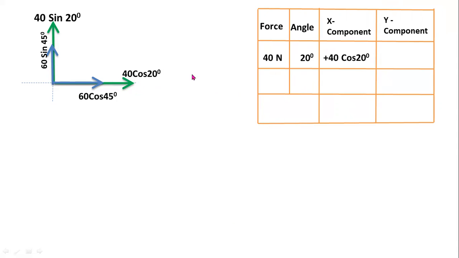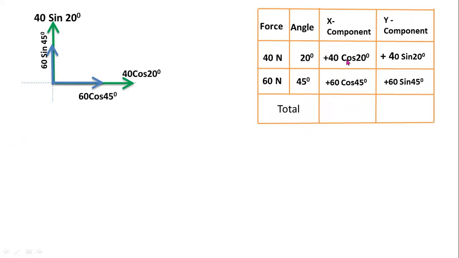Okay, and this one is the y-axis, so y component plus 40 sin 20. For the 60 newtons load, the angle is 45 degrees. Okay, this one is the x component, that is plus 60 cos 45, and this one is the y component, plus 60 sin 45.